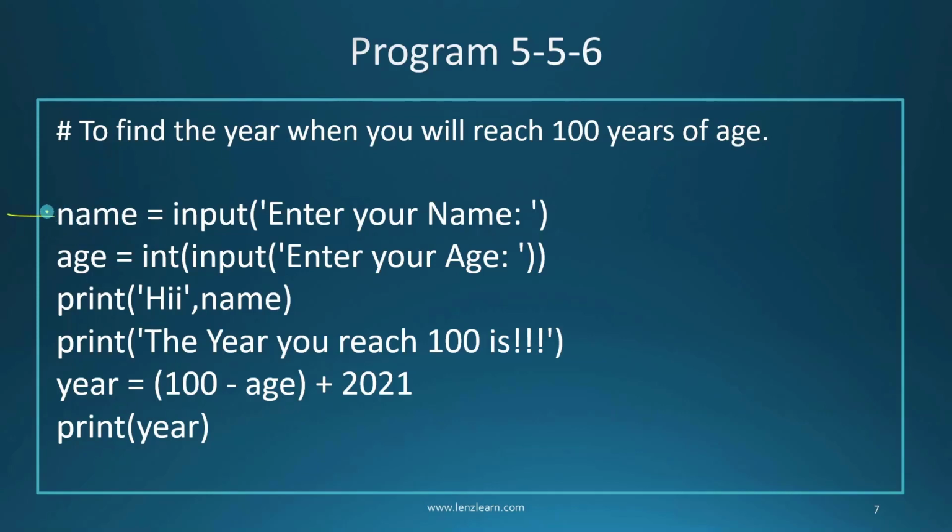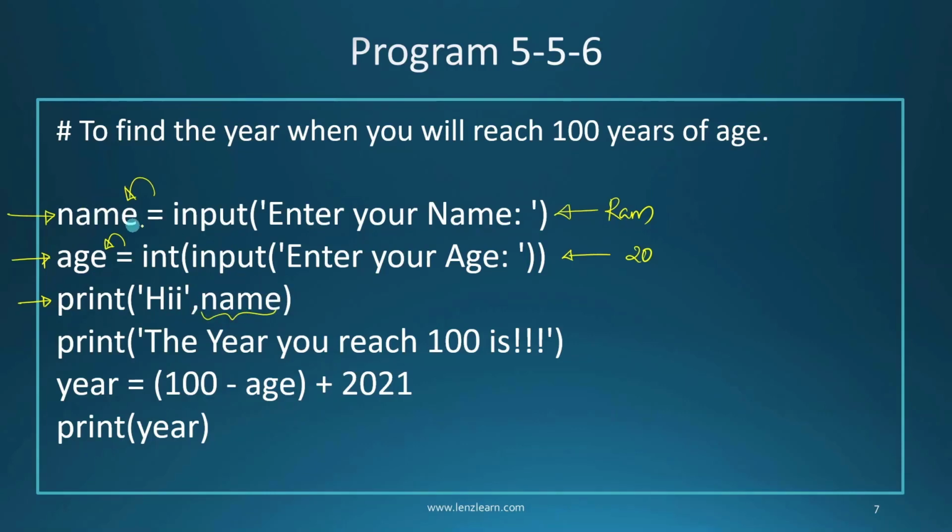In the first statement, you have to enter your name. For example, if I enter the name as Ram, that will be stored into the variable name. In the next statement, you have to enter your age. If I enter my age as 20, that will be stored into the variable age. After that, in the output, I will print hi with the value of variable name.